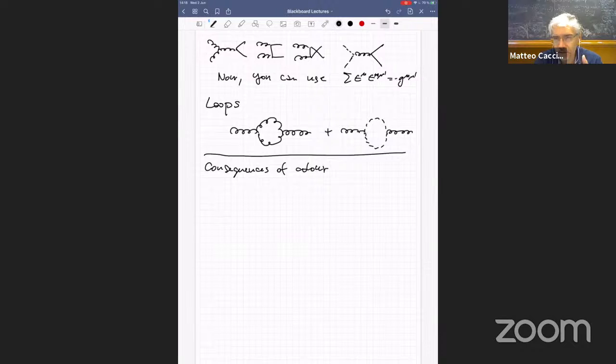And as far as the 3 and 4 gluon vertex, you just have to add the diagrams. But color has some phenomenological, quantitative consequences. Let's start with an interesting relation.